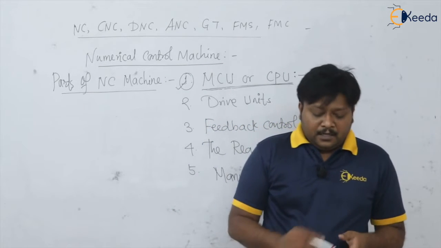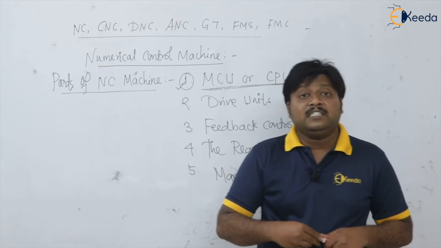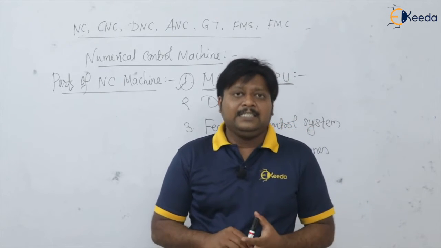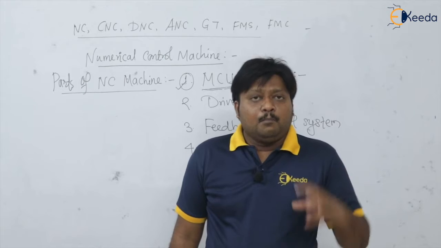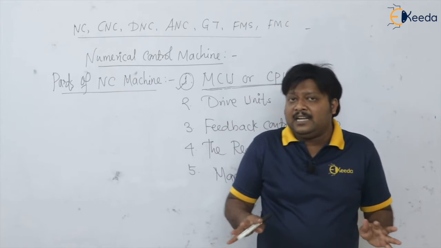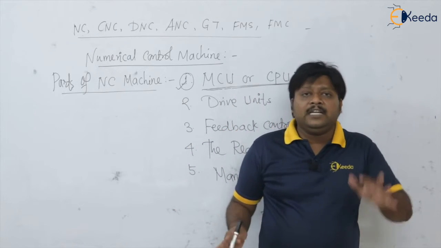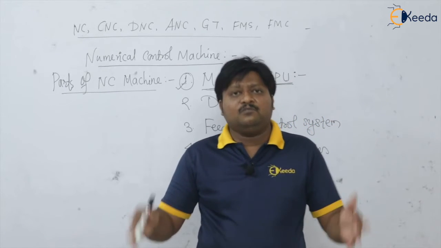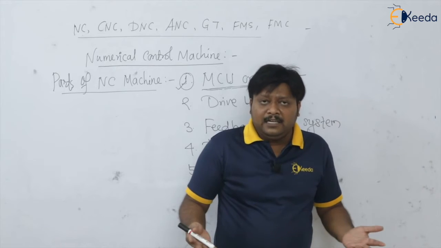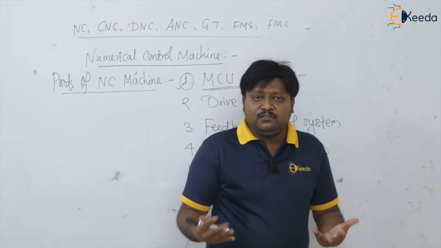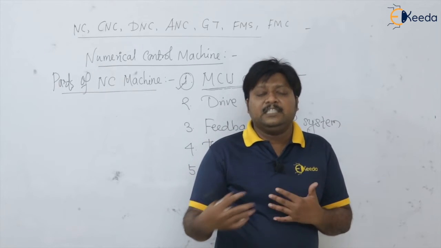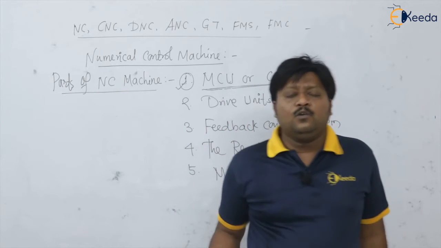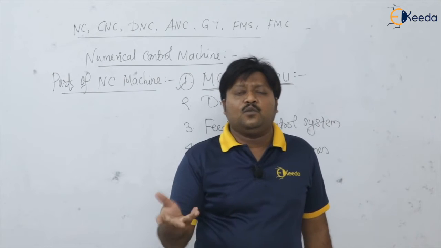Now see, the information which we have given in the programming is in decimal, but the machine does not know this language. The machine knows only 0 or 1, the binary language or machine level language, which we can call the low level language. The language we give in the program is decimal or high level language, but the machine knows only low level language, either 0 or 1.